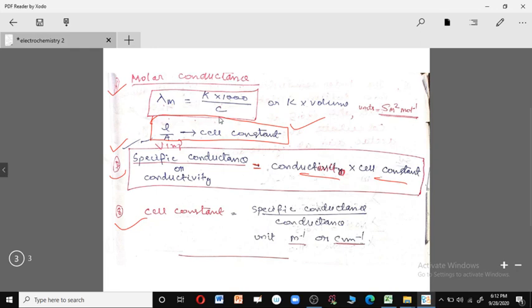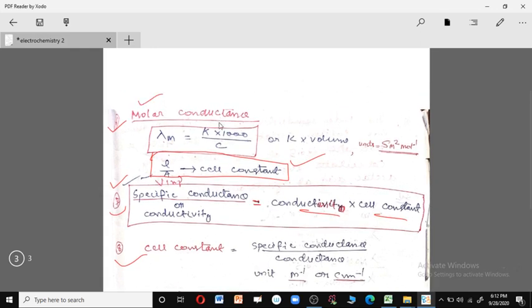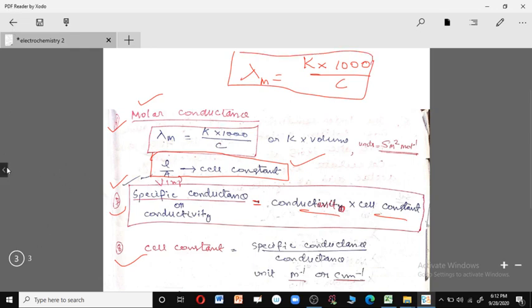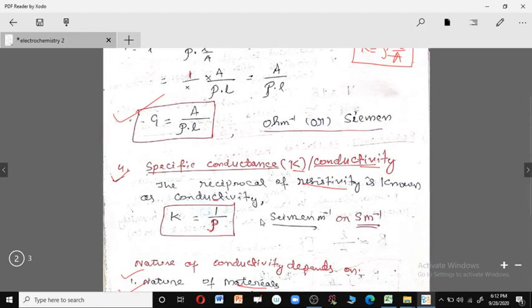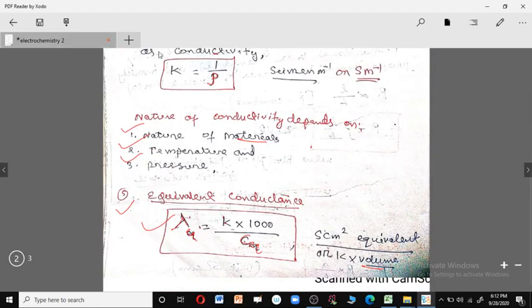And most importantly, molar conductance is lambda m equal to K into 1000 divided by C. If you ask for the molar conductance, this is the formula. And equivalent conductance will be with C equivalent, the same formula, only lambda equivalent, right? You will get much more clarity in the upcoming video when we discuss the calculations.